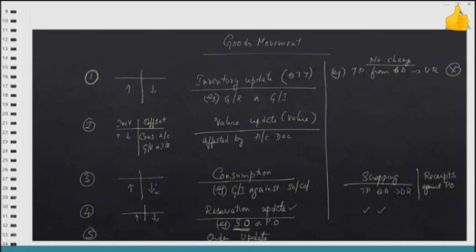So the fifth side effect is order update. Example is production order. A production order for 10 pounds of cake after it's received into the warehouse will be deemed as received. So the corresponding order is updated. Right?